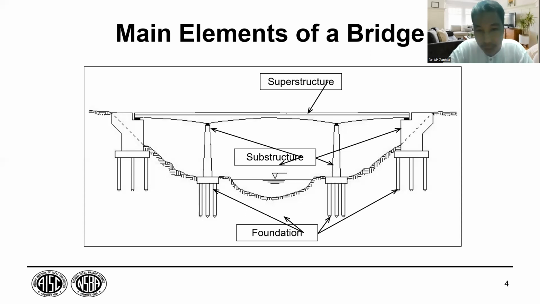All of the elements below that black portion are the substructure. Above, superstructure. Below, substructure. It's very easy to memorize: super is above, sub is below. And below the ground, that is our foundation.